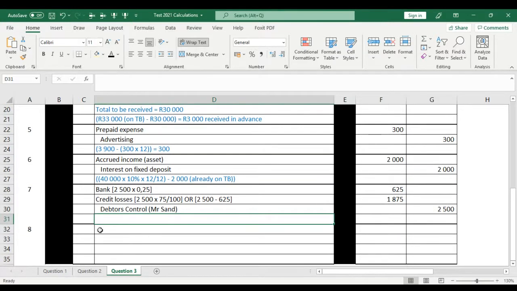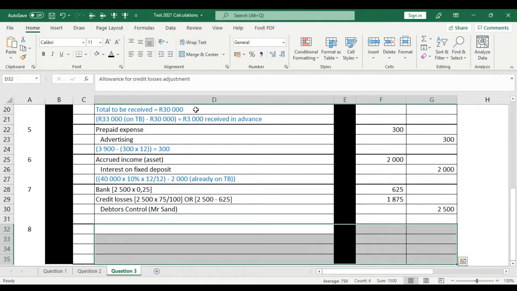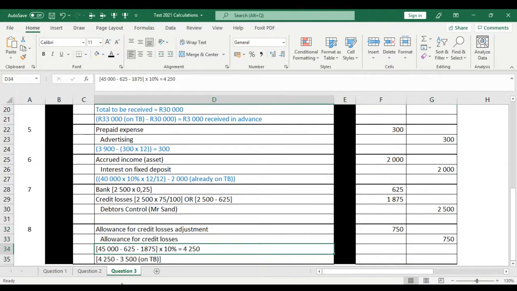But then for our credit allowances, which was the last entry, you would have to take the balance as was, which was the 45,000 in your trial balance, and then you deduct the 625 and the 1,875 from it, or the 2,500, and you multiply it with 10% to give you a balance of what it should be of 4,250.